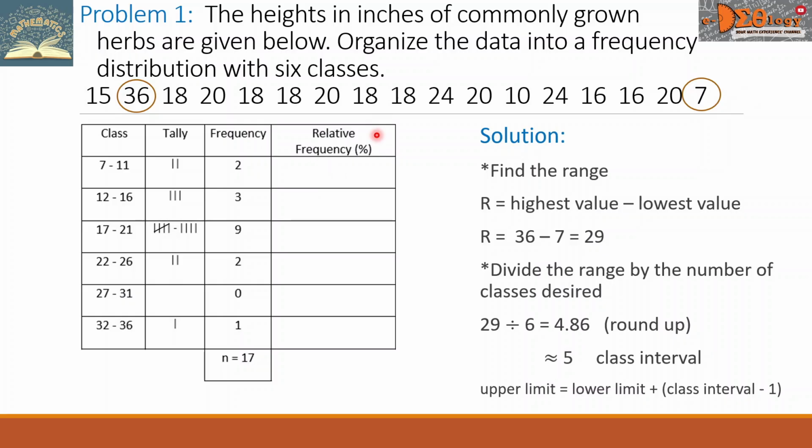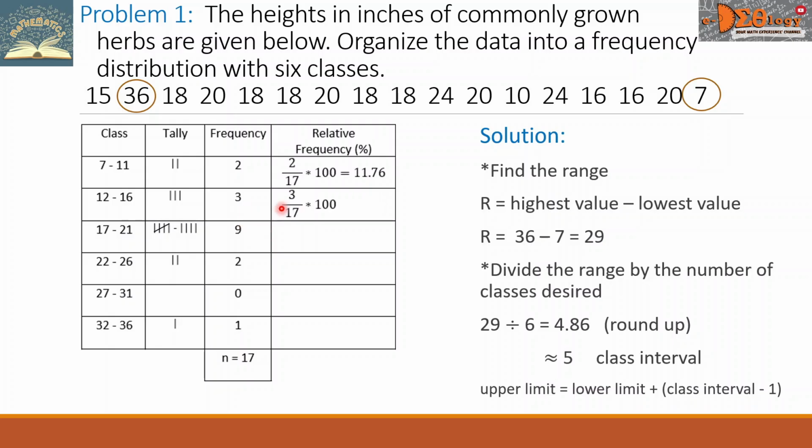Next is the relative frequency. This is given in percent. So this frequency 2, we divide by n, the 17, then multiply by 100. So it becomes 2 over 17 times 100, that is 11.76%.